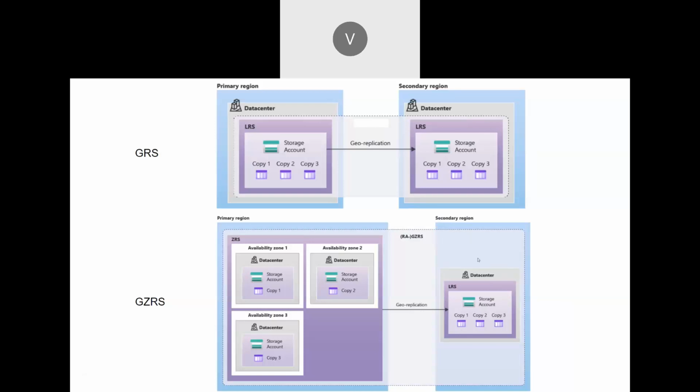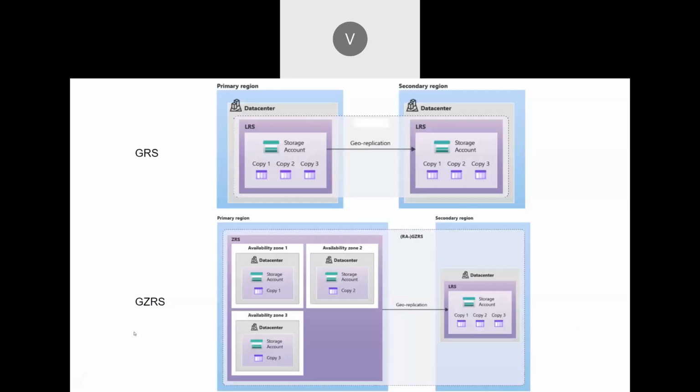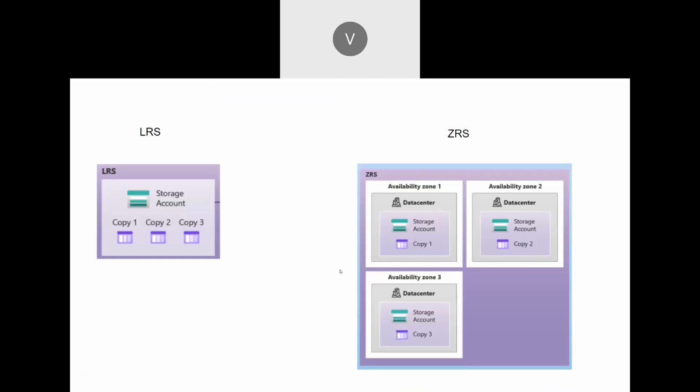But a manual failover is needed, it can't happen automatically when there's a data center failure. You will have read access automatically to the other region. And if you wanted read access similarly from the zone point of view, you can go for RA-GZRS, read-access geo-zone-redundant storage, and it's a bit more costlier compared to the normal service.